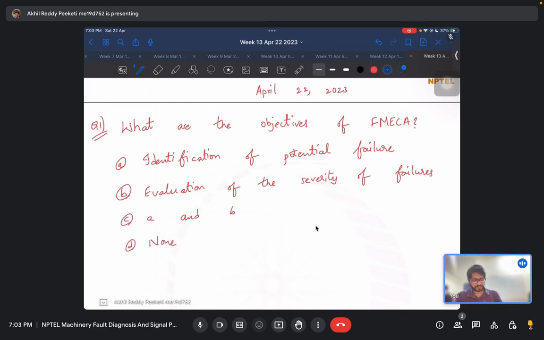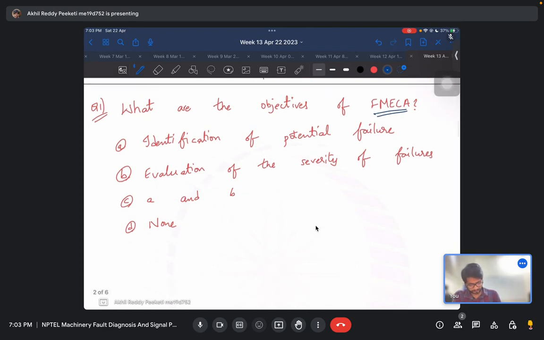So the first question is, what are the objectives of FMECA? The options are identification of potential failure, evaluation of the severity of failure, or both A and B, or none. So FMECA actually stands for failure mode, effects and criticality analysis.